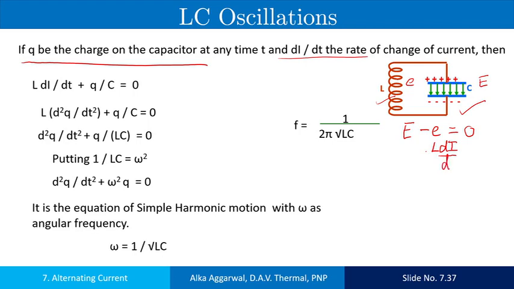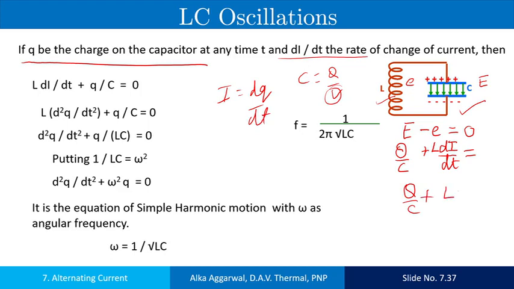Minus minus becomes plus, so it is equal to this. When we are talking of the capacitor, you know C is equal to Q upon V, so V is equal to Q upon C. Moreover, we know the relation I equals dq by dt. Now put the values: Q upon C plus L into d by dt into dq by dt.